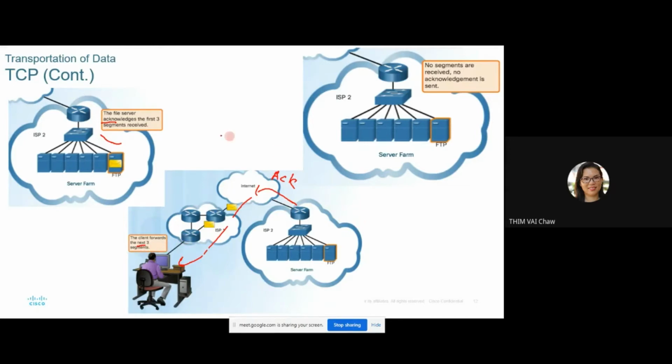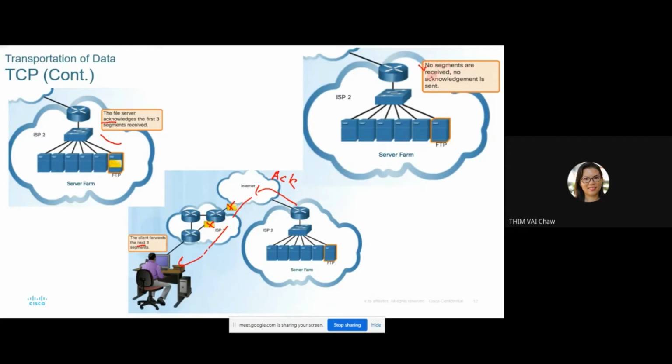Now suppose no segments are received. Let's say unlucky, maybe the last 3 segments are lost. Then the server waits and does not receive any segment.